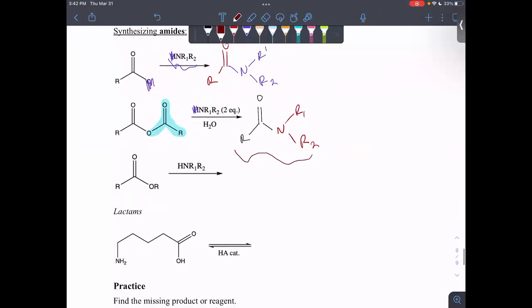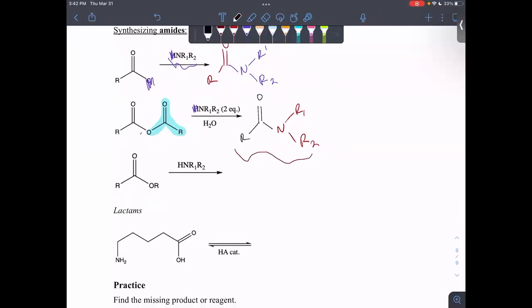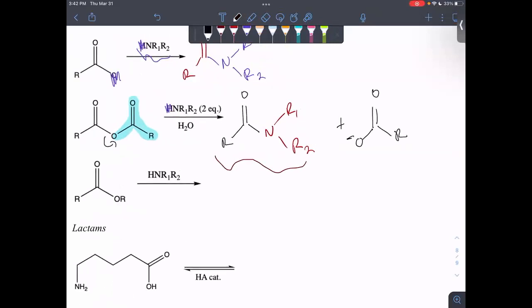So we have to consider the side product. When this whole thing leaves, this is your side product. You get some kind of carboxylate ion. What happens here is that this has to bond with the amine to give you an ammonium salt, so this is going to be ionically bound to NH2R1R2 plus.